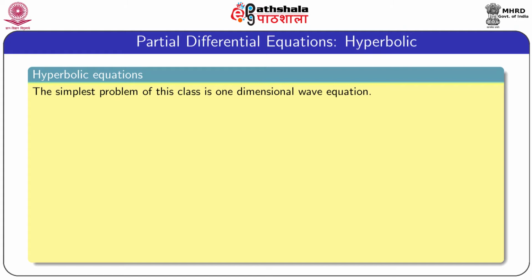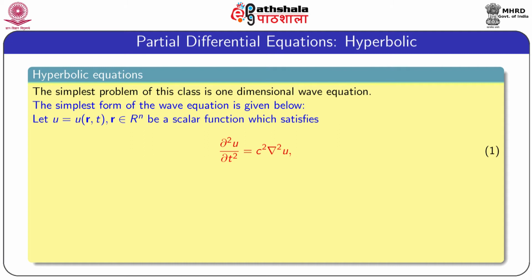So, in this module we consider hyperbolic partial differential equations. The simplest problem of this class is the one-dimensional wave equation. Let u equal to u of r comma t, where r is a vector of R^n, the n-dimensional real space, and u is a scalar function which satisfies the following differential equation: del 2 u del t2 equal to c square nabla 2 u.